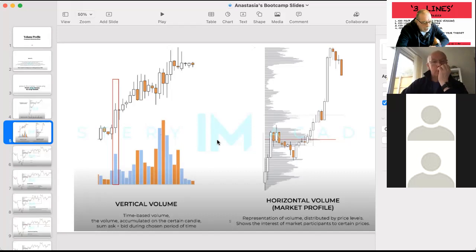The point this slide is trying to make is that this horizontal volume, which we use in volume profile, is about the distribution of trades placed at a certain price. Where this red line is, that is the maximum number of trades placed. If you extend that line to the price, it will tell you exactly at what price most of the buys, sells, stop losses and take profits were placed.